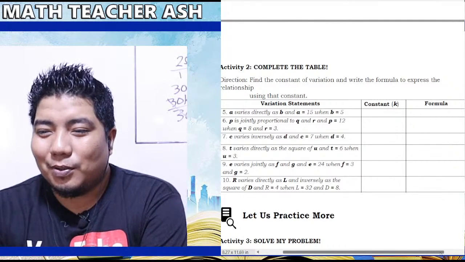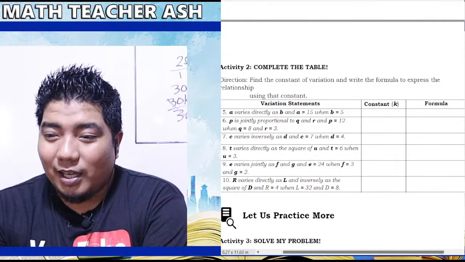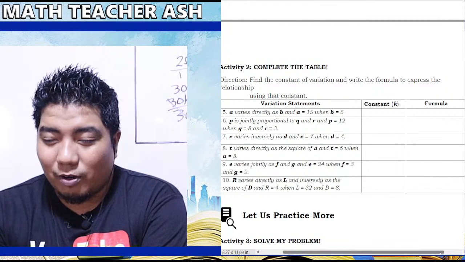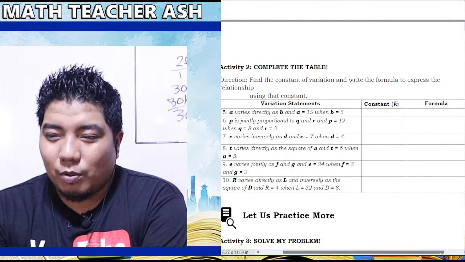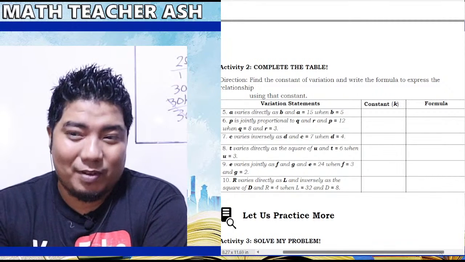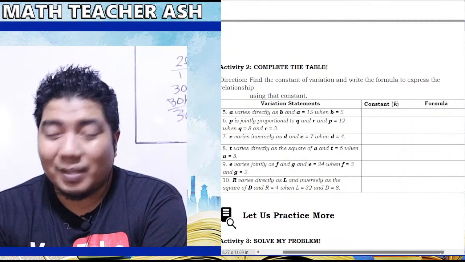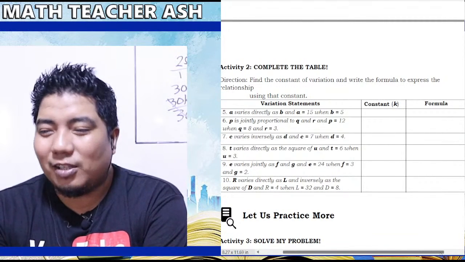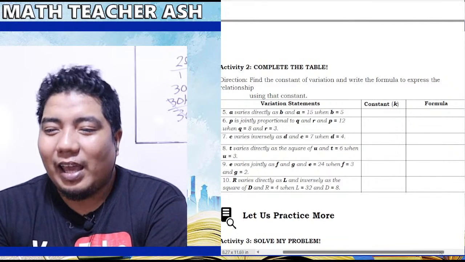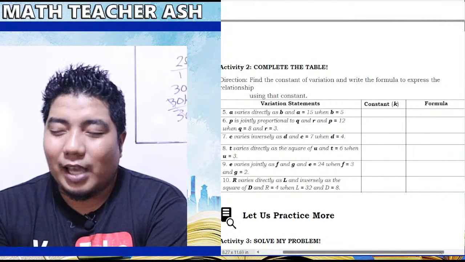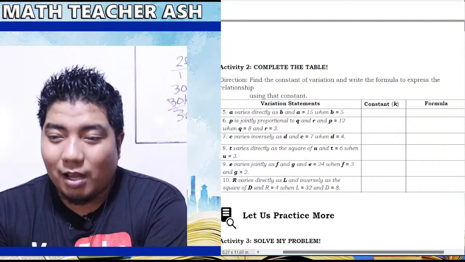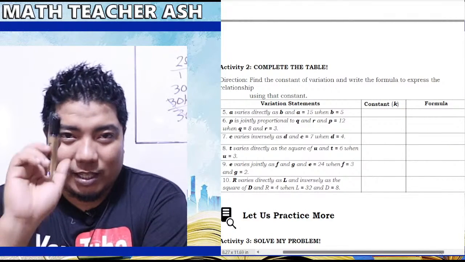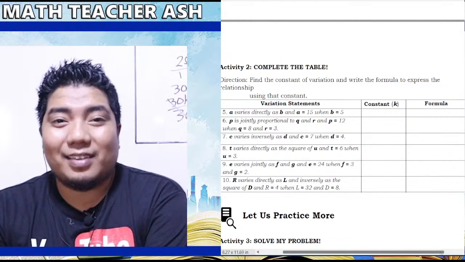Okay? So, A is directly proportional or varies directly as B. So, that will be 15 divided by 5. So, the constant will be 3. Alright. So, ang sagot dito sa constant K is 3. And the formula for that one is A is equal to 3B. Ulitin ko, A is equal to 3B.